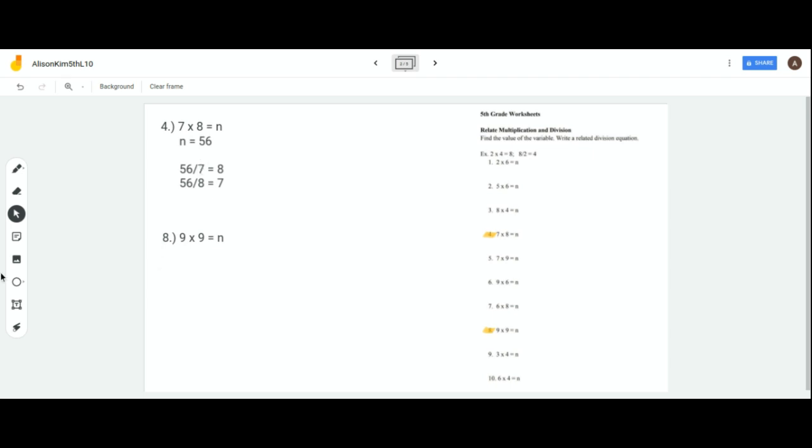Now we have to do the same thing for number 9. We know that 9 times 9 is what? 81, right? So we get n equals 81. Since the two factors are the same number, we don't need to do it twice like we did in number 4. We just do 81 divided by 9, and we get 9, because 9 times 9 equals 81.